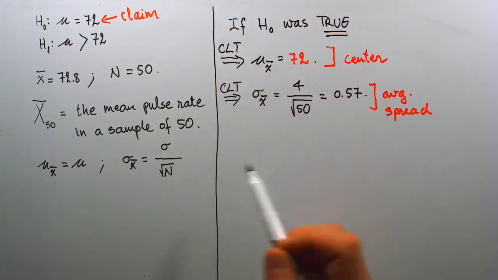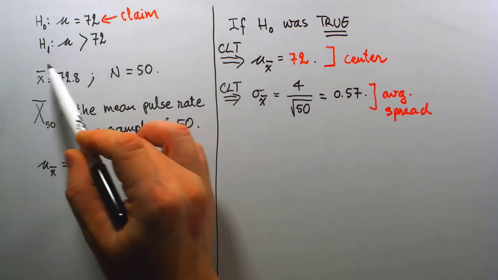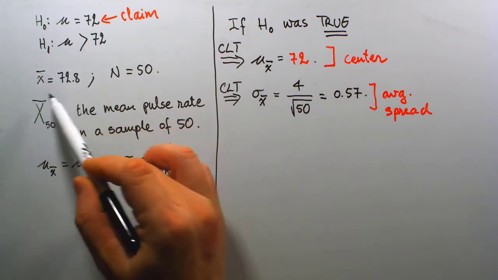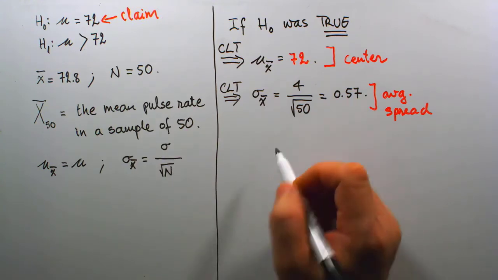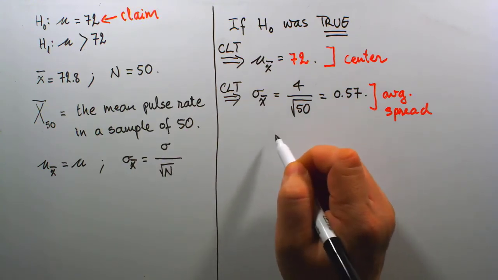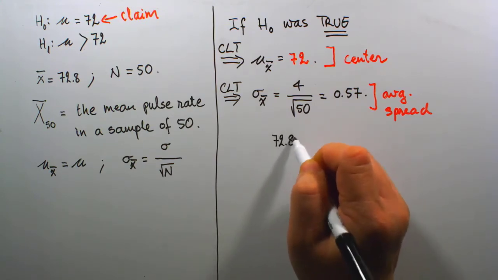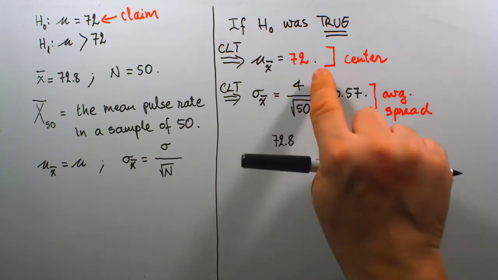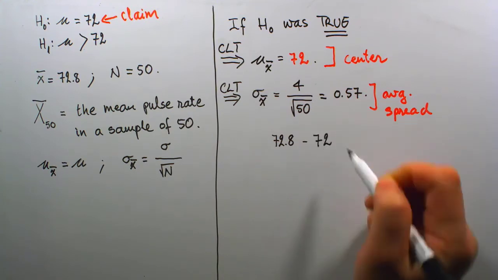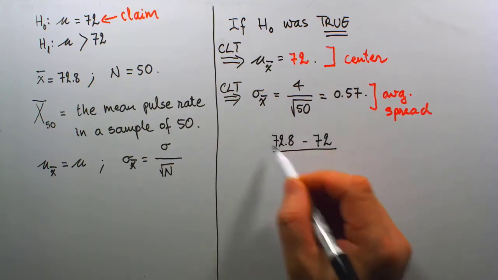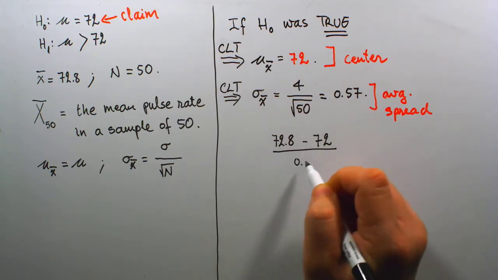And again, realizing that our sample is not the only sample, but one among infinitely many other samples at the same sample size, from where our sample mean value 72.8 stands relative to the center of all sample mean values, we're going to take the difference between our sample mean and the center of all sample mean values and divide that by the standard deviation sigma x bar.